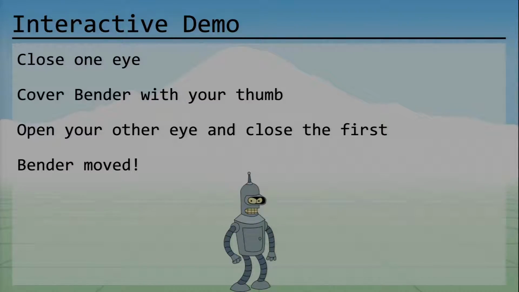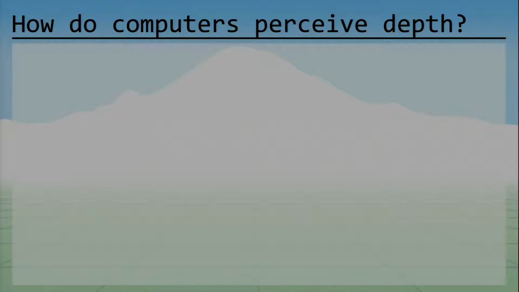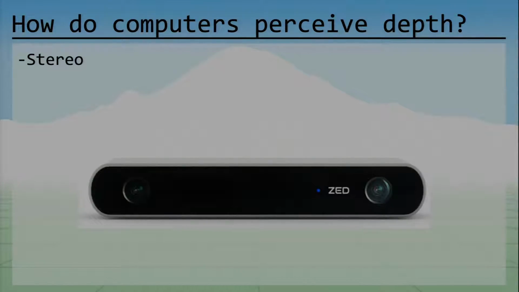OK, so we have an idea for the rough way in which humans perceive depth. How do computers perceive depth if we wanted our computer vision system to perceive depth? Does anyone have any ideas on which ways computers perceive depth? One way that we just talked about is stereo vision.